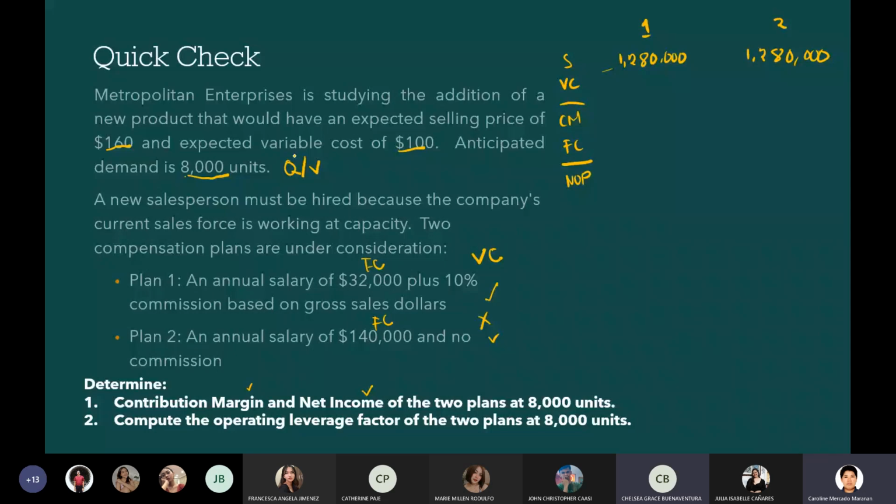Expected variable cost is 100 times 8,000. Okay. Unahin muna natin to. Mamaya yung sa baba. Ito muna ang information natin sa taas. Magkano yung variable cost?